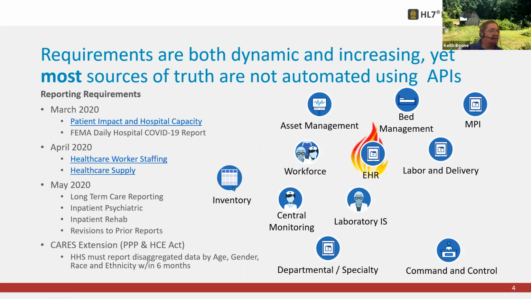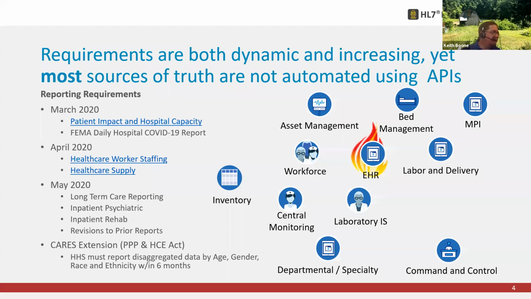Whereas the ICU central monitoring solution inside the hospital is a lot closer to being the source of truth about what's going on with ventilators, because it's going to know any ventilator that's ever been connected to it. It's going to know what's going on in terms of every bed that's sending telemetry that has a patient in it.